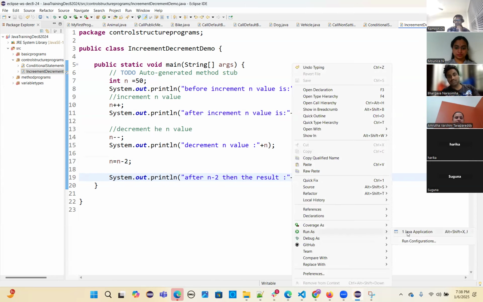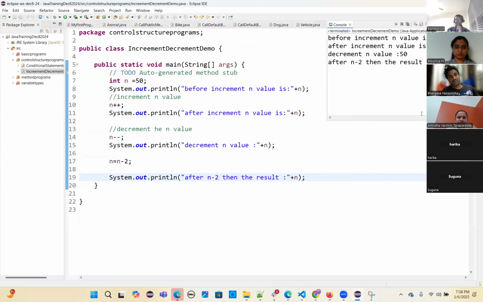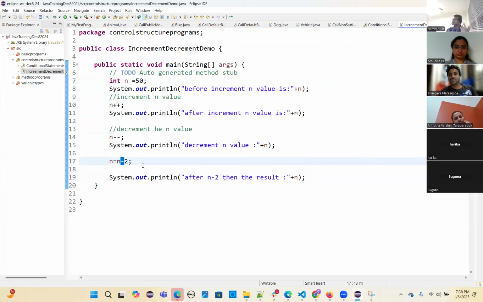See, you got it. So you can do anything, even multiplication also. I'm going to do multiplication also.